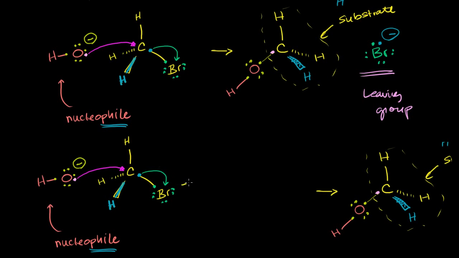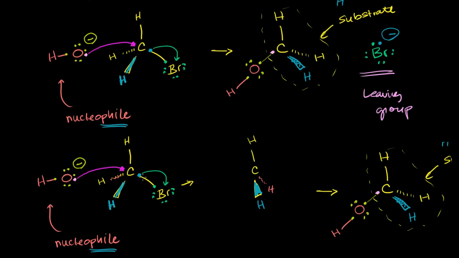for a small amount of time, you have this transition state where the carbon is going to have a partial bond. So it has this hydrogen in blue sticking out. And then it has another hydrogen behind it. I'll draw it right behind it.